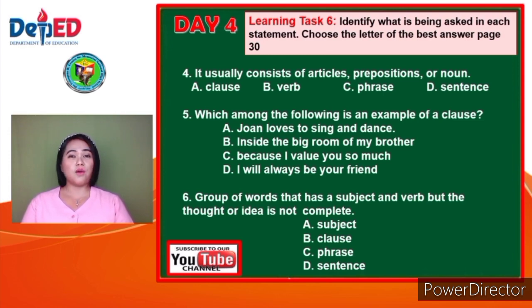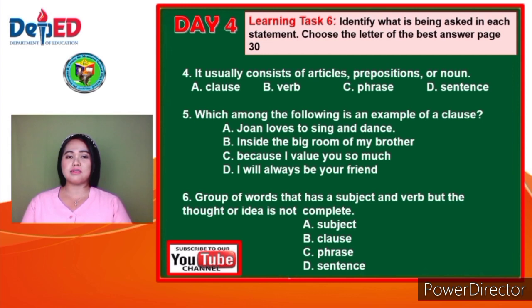C. Phrase. Or D. Sentence. Number 5. Which among the following is an example of a clause? A. Joanne loves to sing and dance. B. Inside the big room of my brother. C. Because I value so much. Or D. I will always be your friend.